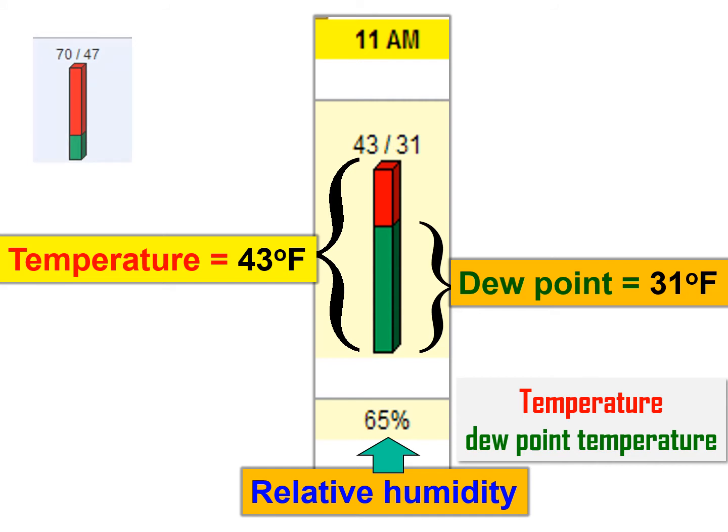How about here? What's your guess? What is the temperature? 70 Fahrenheit. What is the dew point temperature? 47. So temperature 70, dew point temperature 47.